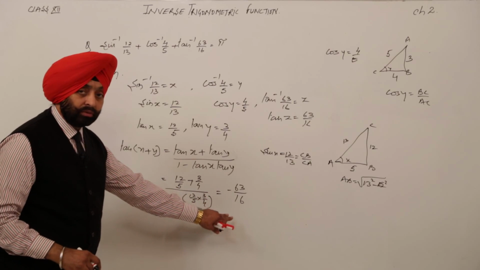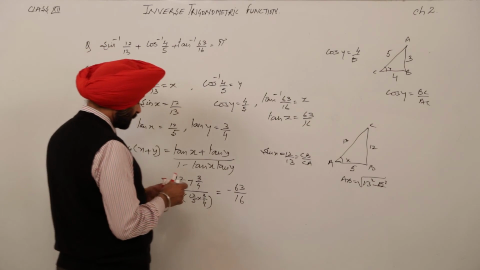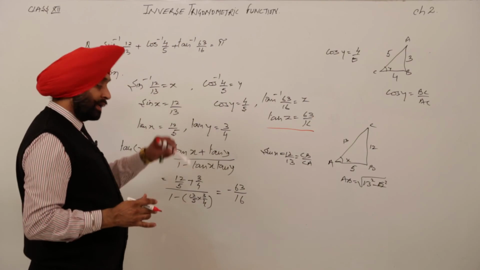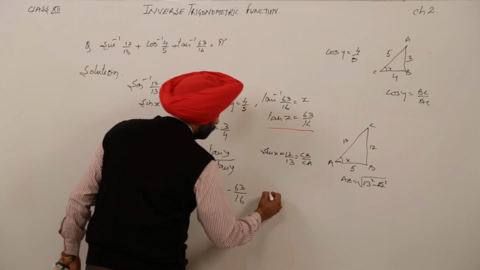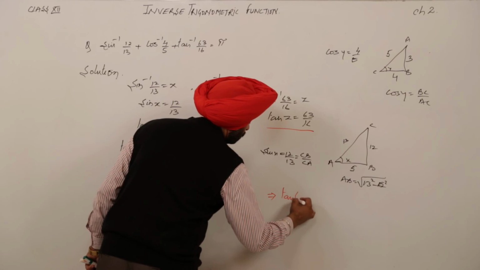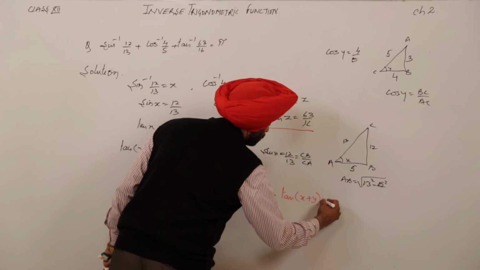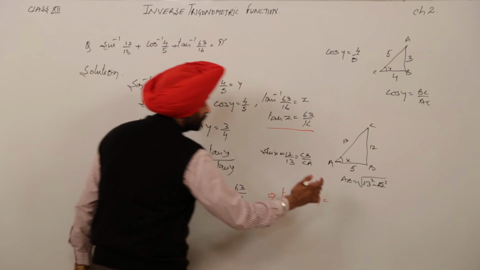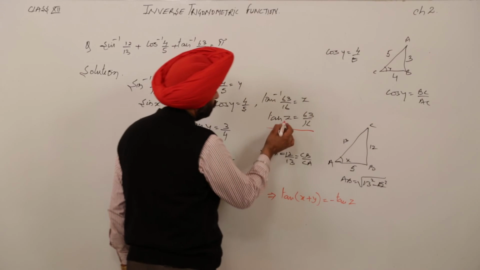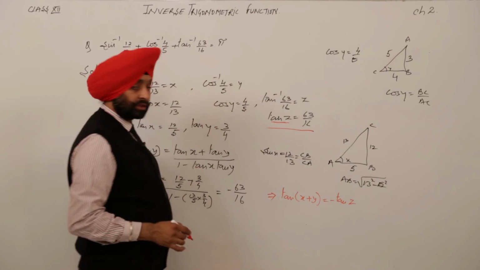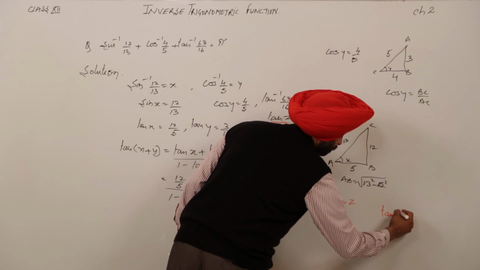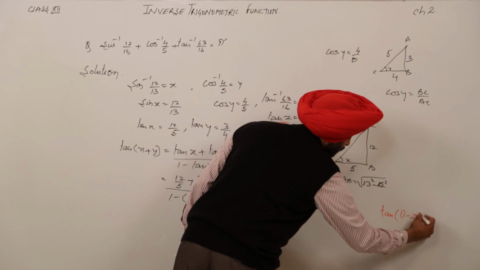Can you guess where 63 upon 16 is written? It is written here, this one. So after solving this part, we have tan of x plus y is equal to minus 63 upon 16, so we can write it as minus tan z, because tan z is 63 upon 16. Now what is tan of pi minus z?